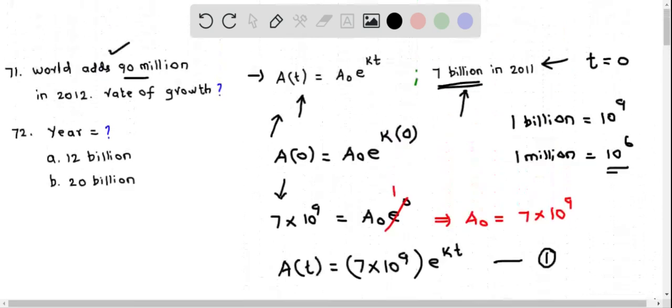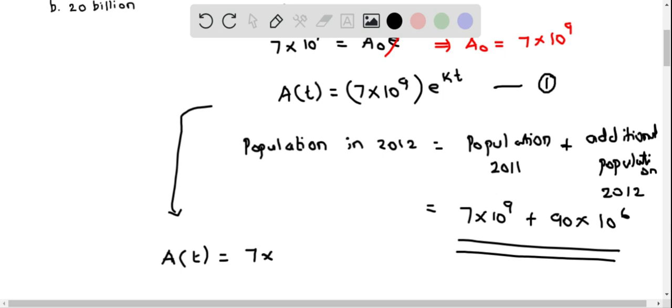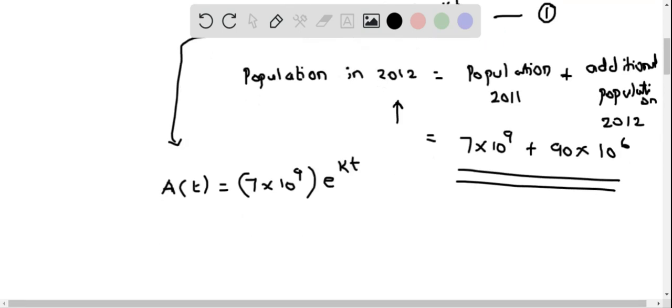Now using this condition, we can determine this rate of growth. Now let me utilize this equation. So I copy this. This is the current population model. This equals 7 times 10 power 9 e raised to the power of kt. Now, since year 2012 is 1 year more than 2011, t corresponds to 1.